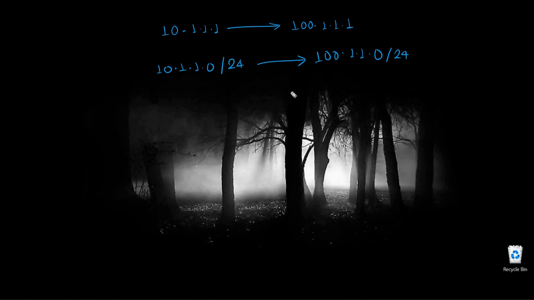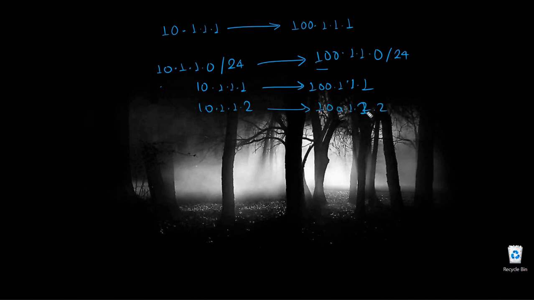In this case, the first IP is mapped to the first IP of the 100 network. It's like 10.1.1.1 is mapped to 100.1.1.1, 10.1.1.2 is mapped to 100.1.1.2.